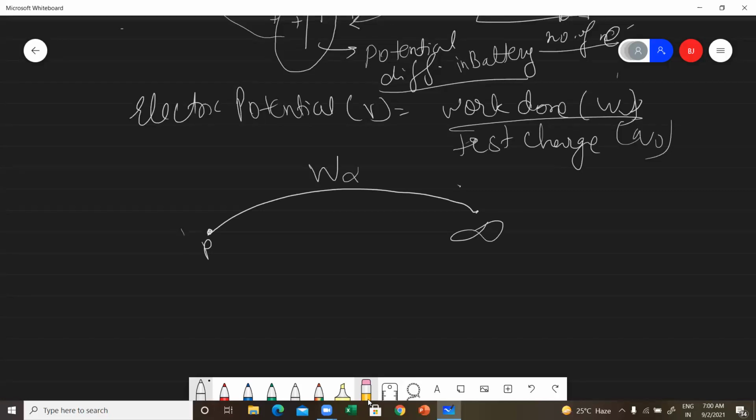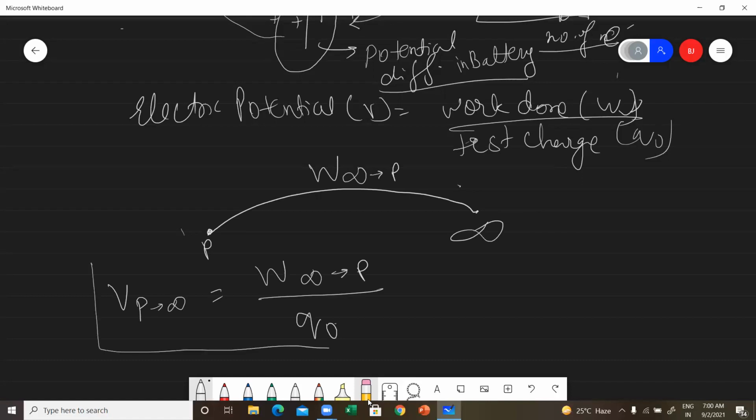Work done from infinity to point P. The potential from P to infinity is equal to the work done from infinity to point P divided by Q naught, that is my test charge. This is the way to write the potential.